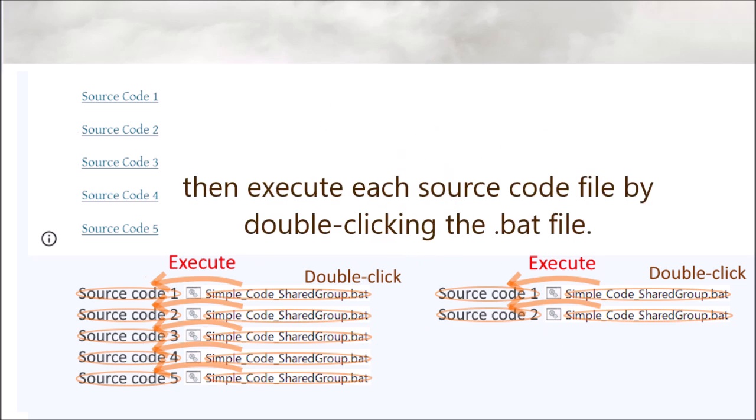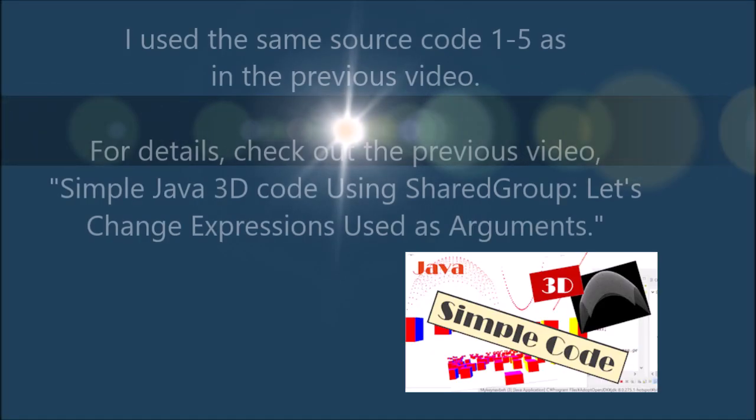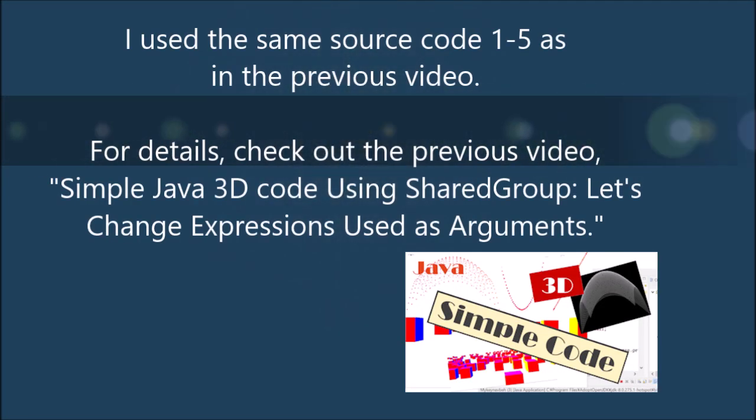Then execute each source code file by double-clicking the .bat file. I used the same source code 1 to 5 as in the previous video. For details, check out the previous video. Simple Java 3D code using SharedGroup.